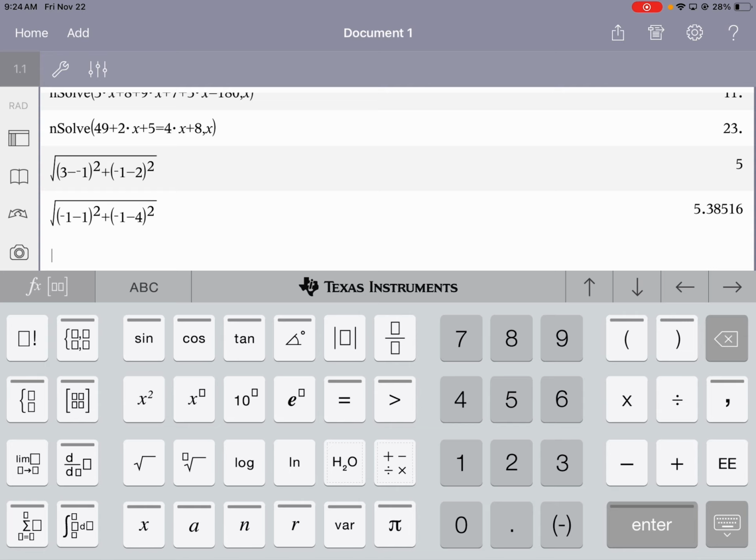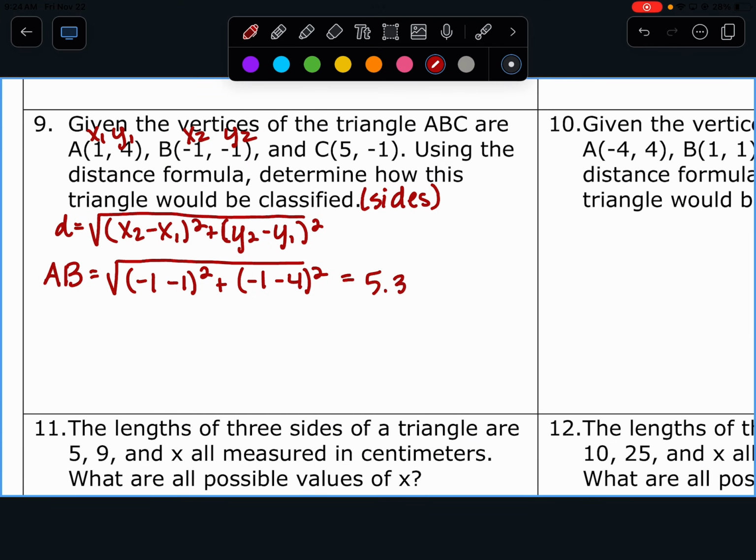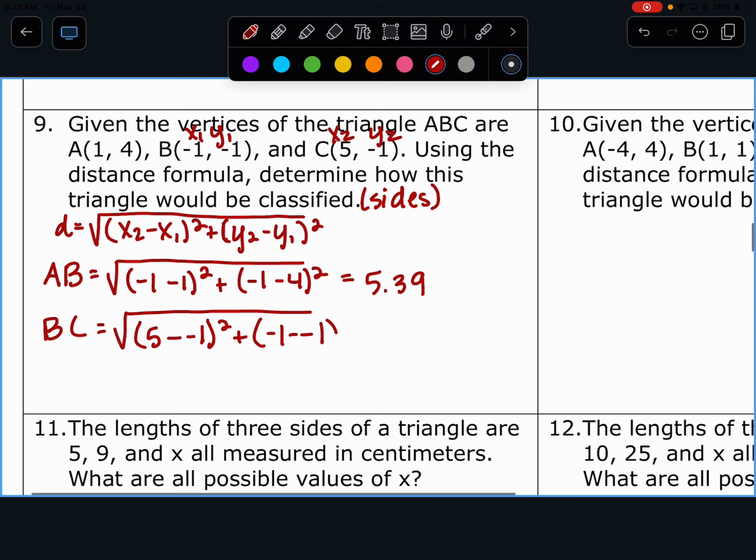Okay, so I get 5.39 when I round it. Okay, now let's do BC. So the y1 and all that jazz is going to scooch over like that. Okay, so that'll give us 5 minus -1, -1 minus -1.